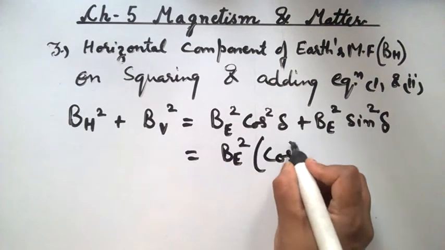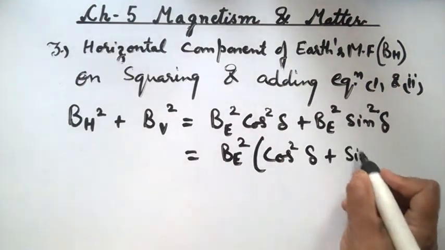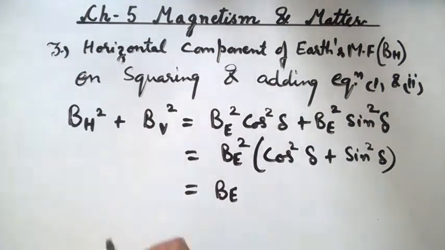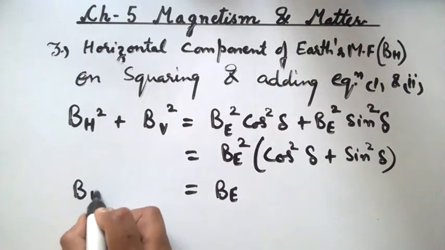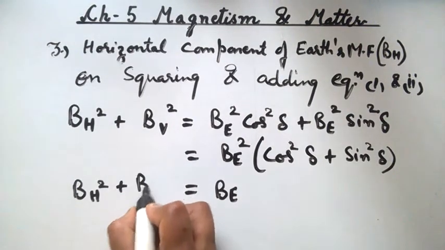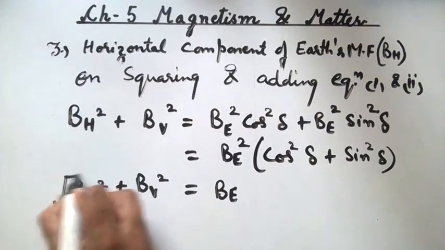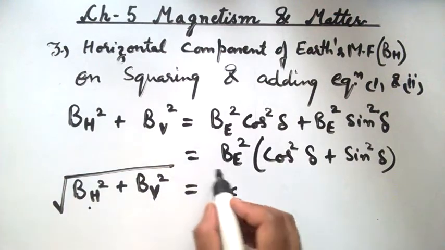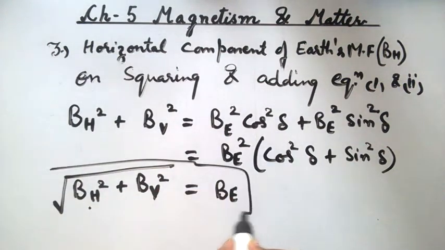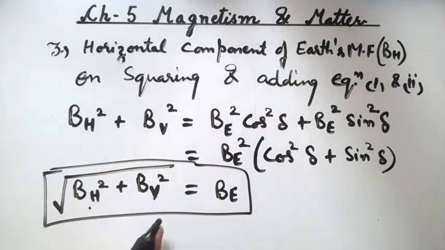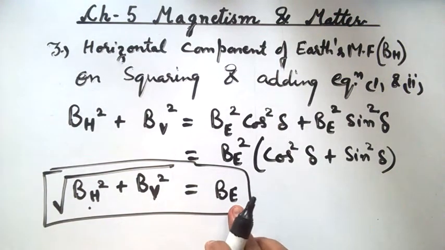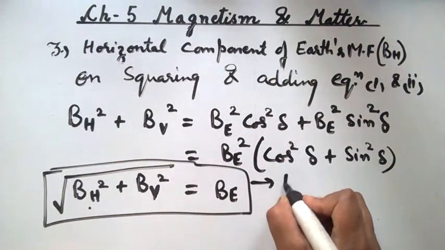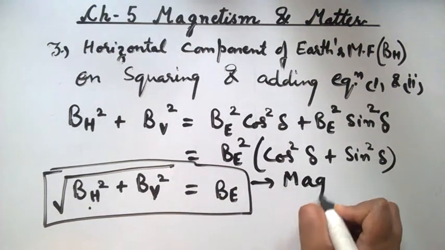This is the identity which is equal to 1. Therefore, BE is equal to root of BH square plus BV square, and we can measure the intensity of total magnetic field by the instrument named magnetometer.